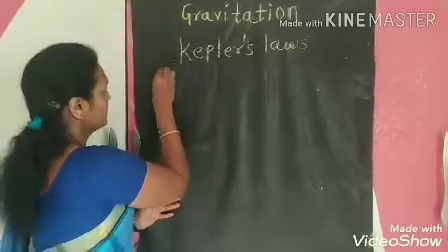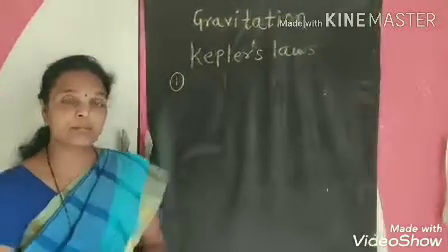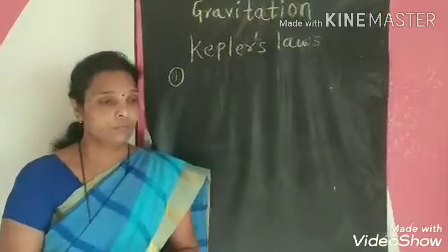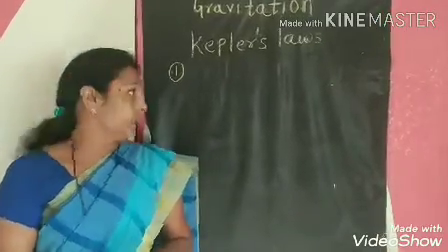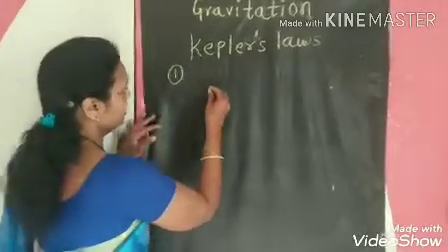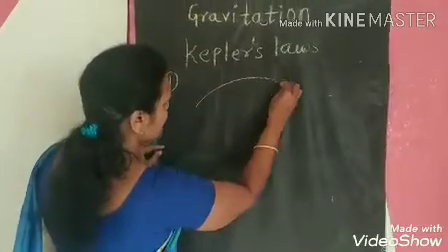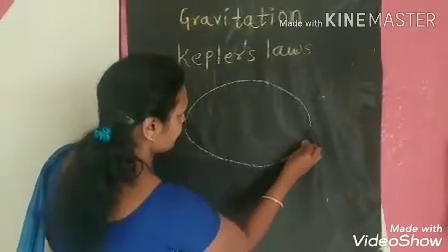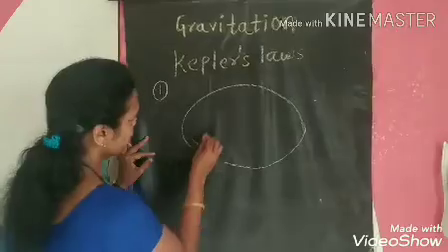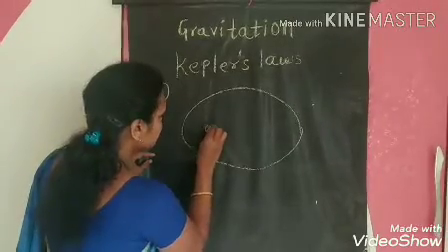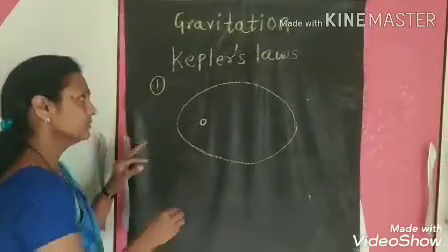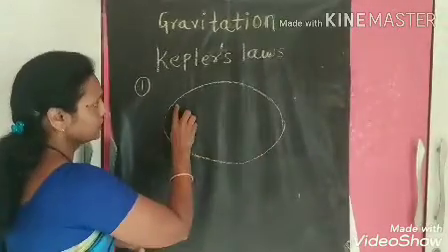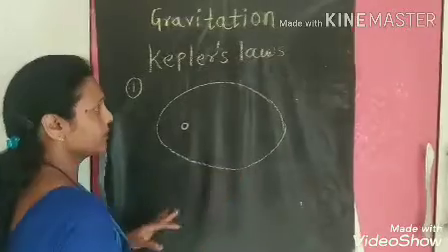Now what is the first Kepler's law? According to Kepler's law, the orbit of a planet, all of you know, suppose here is an ellipse shape, and suppose here is the sun. The planets are moving around the sun in one type of shape called an ellipse.